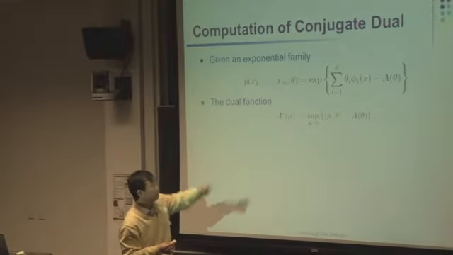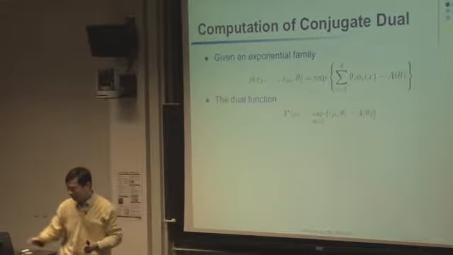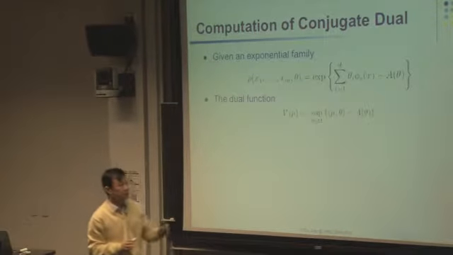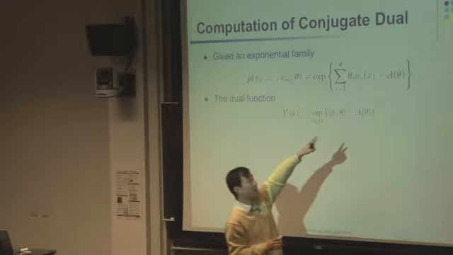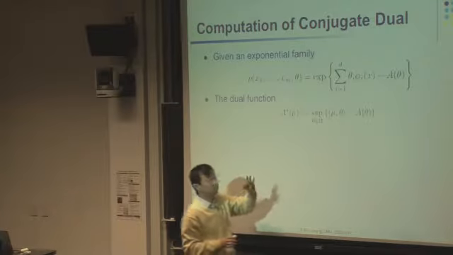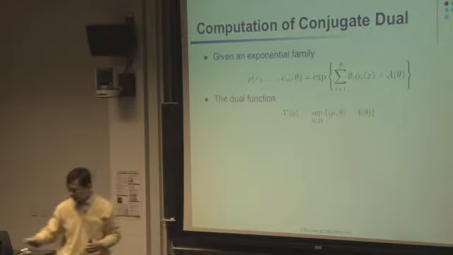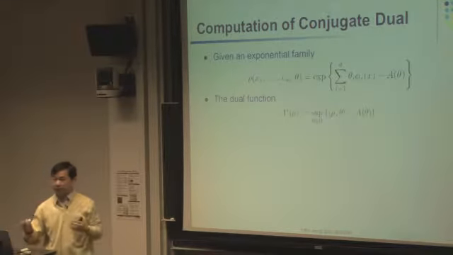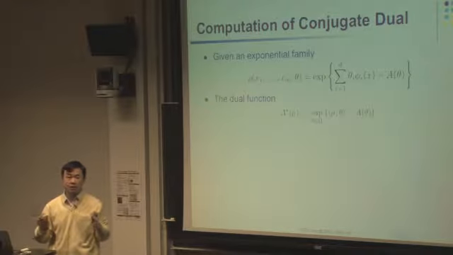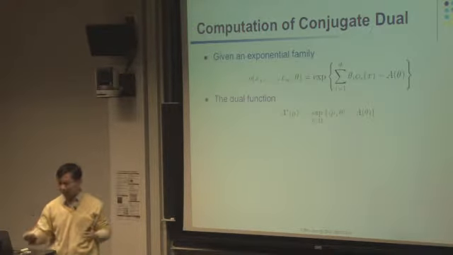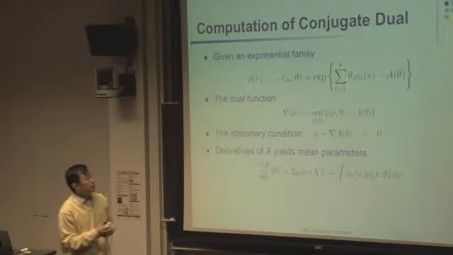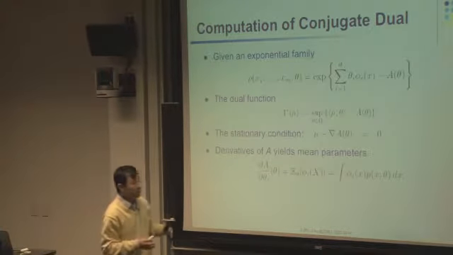And I want to take a look at how their dual looks, because my goal, remember, is to compute the value of theta and the value of all the mu's. Mu, again, is the expectation of every sufficient statistic, the mean parameters. So the roadmap is very easy.